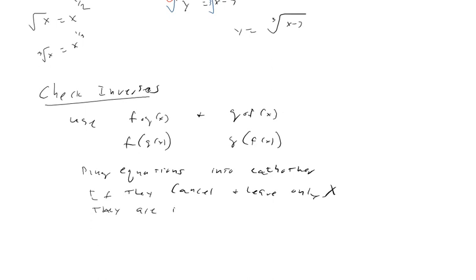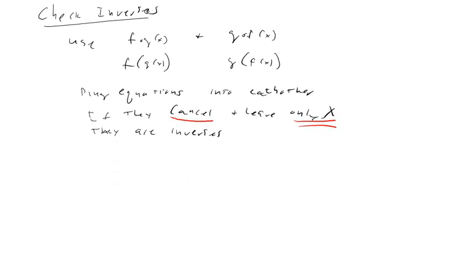If, when you plug them in, everything cancels out and leaves only x behind, then you know those two functions are inverses. And you need to check both. You must check both ways, f of g and g of f. Both ways.